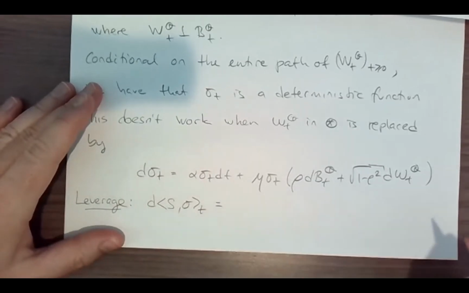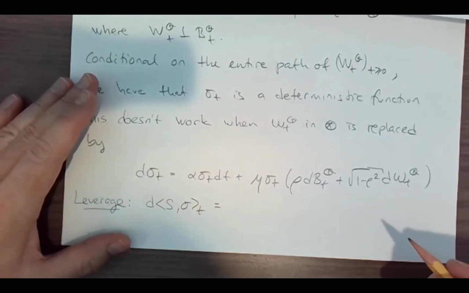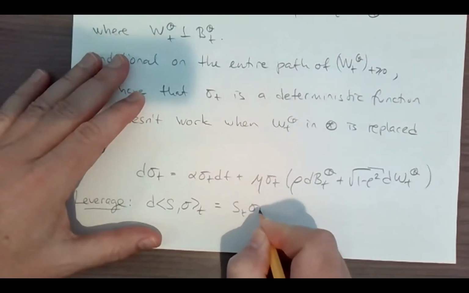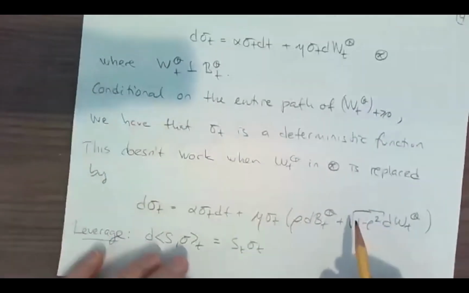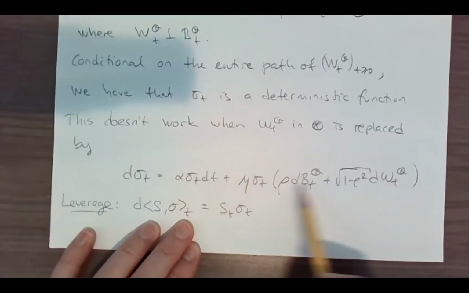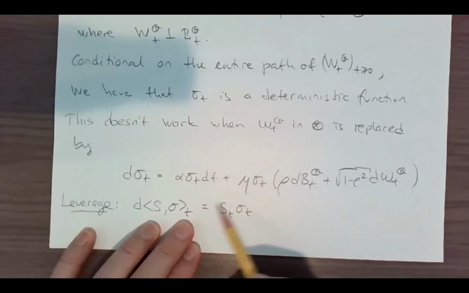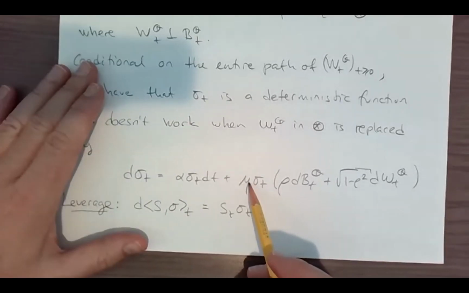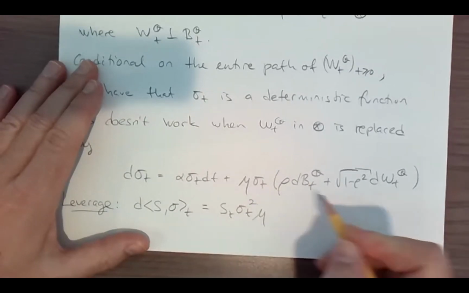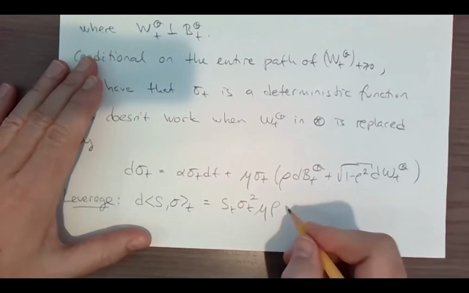If I compute this, I take S sigma from here, and then from the model down here, the leverage component will be eta, then sigma squared, and then my rho dt.